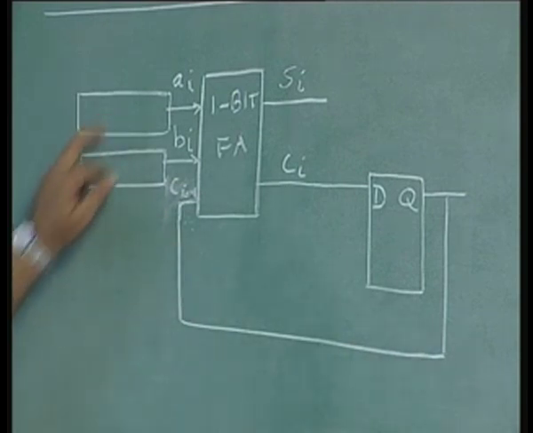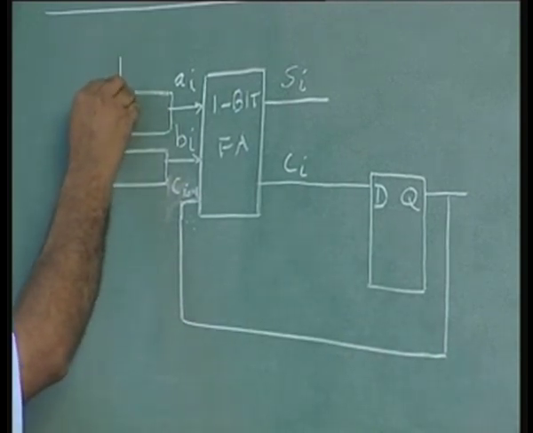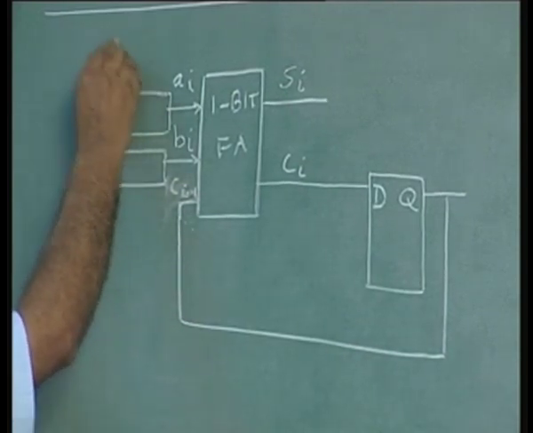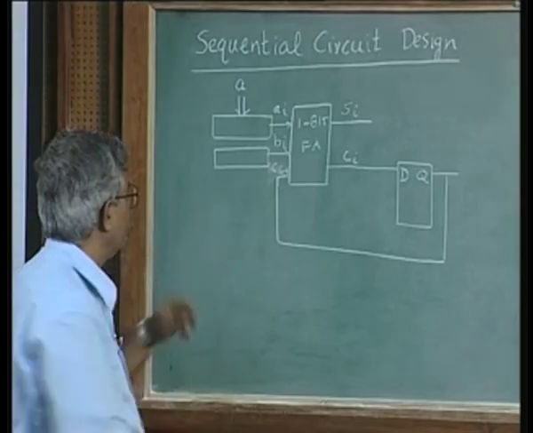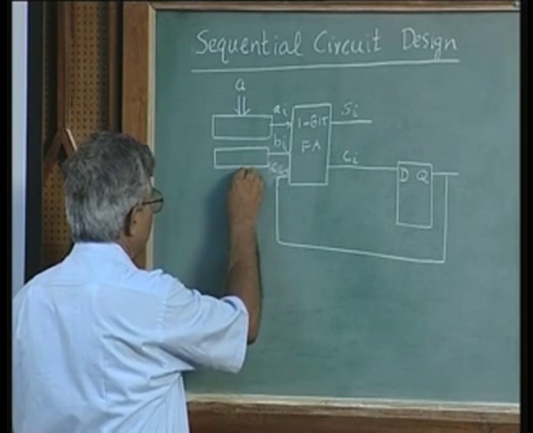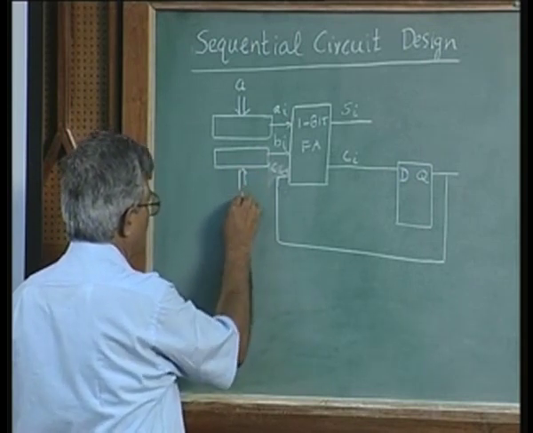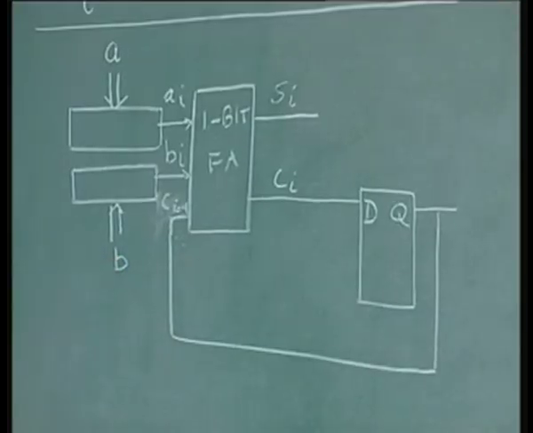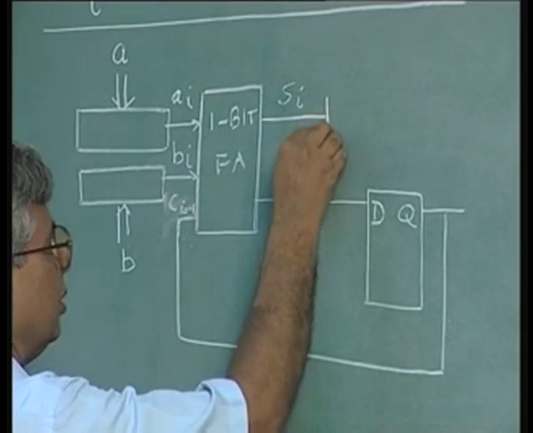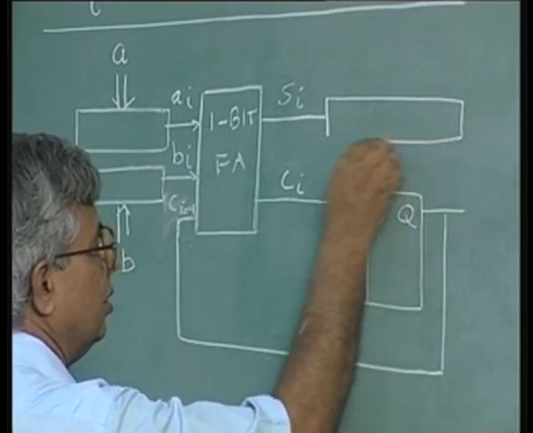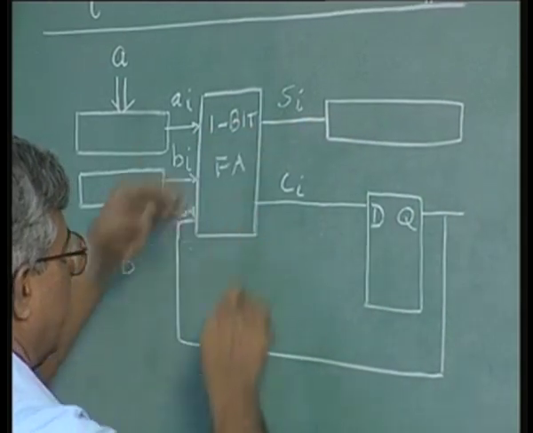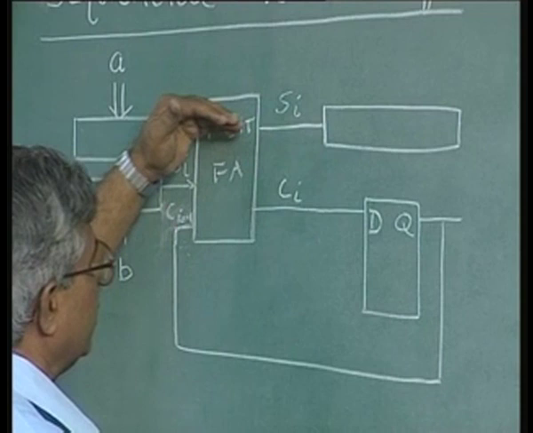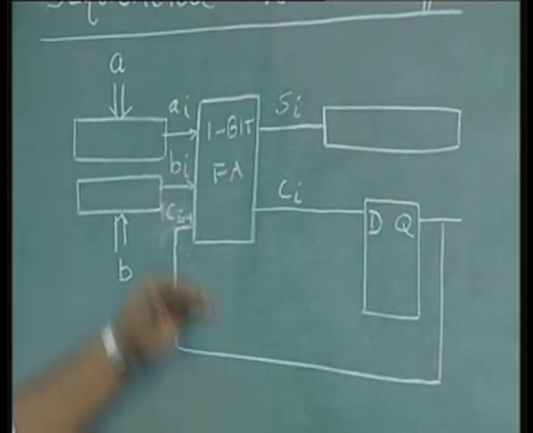So, I am going to use a shift register here, wherein originally I am going to put my entire A number, whatever is the number of bits, and B, whatever is the number of bits, and I am going to put the result also in a shift register, wherein as Si gets stored it gets shifted along the way.